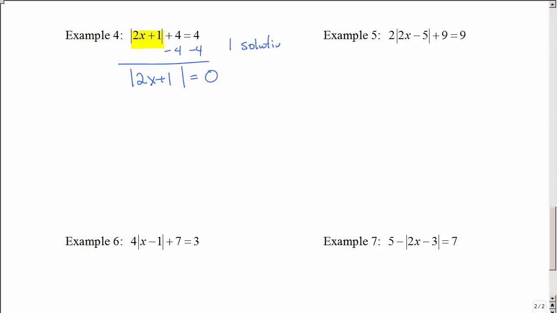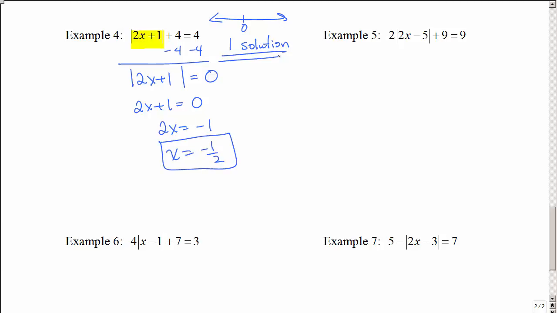Just one, because looking at a number line, only one number has an absolute value of 0. So if you're looking at your notes, it says to just remove the absolute value bars and solve as is. So we're going to subtract 1 and divide by 2. And that's our one solution. So when we're equal to 0, we only have one solution.